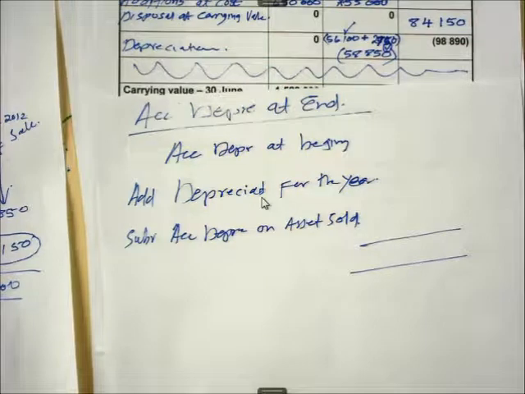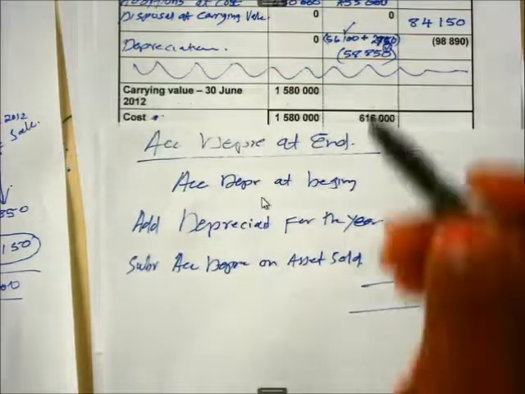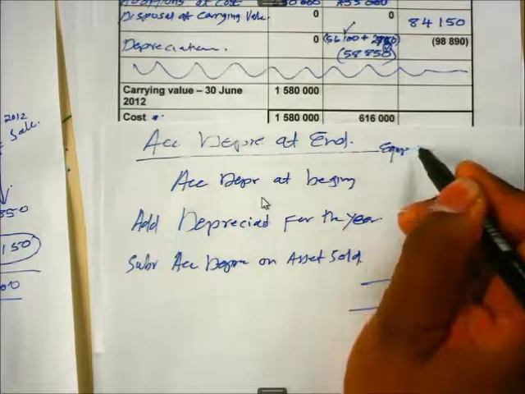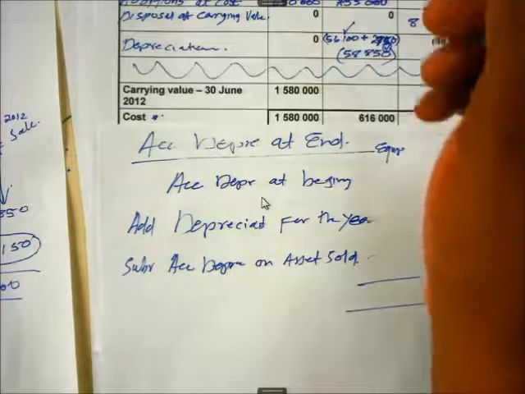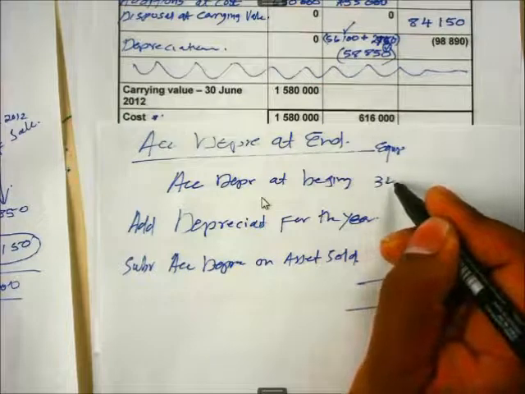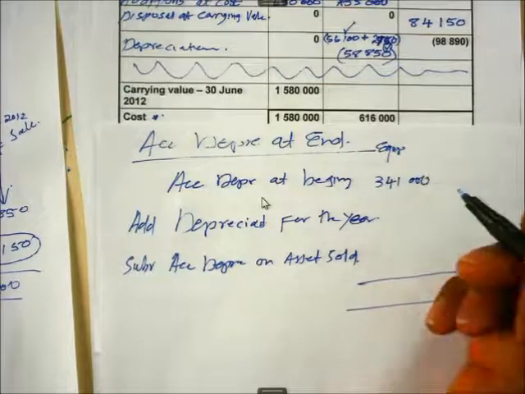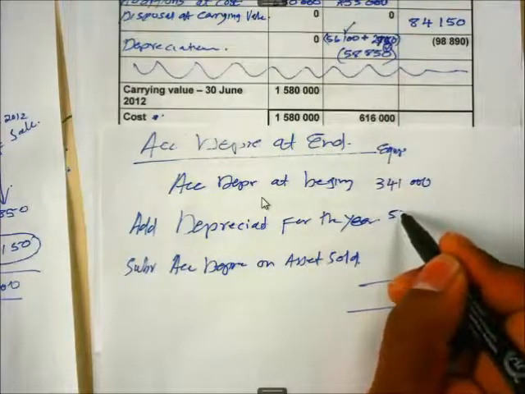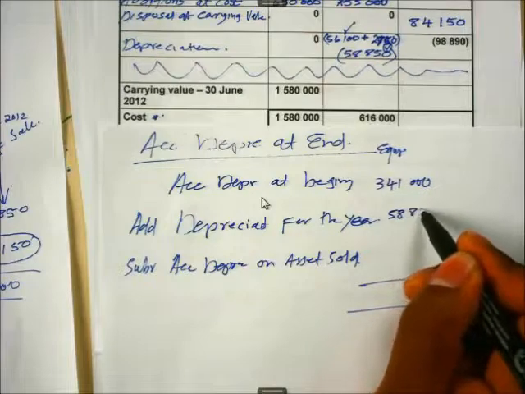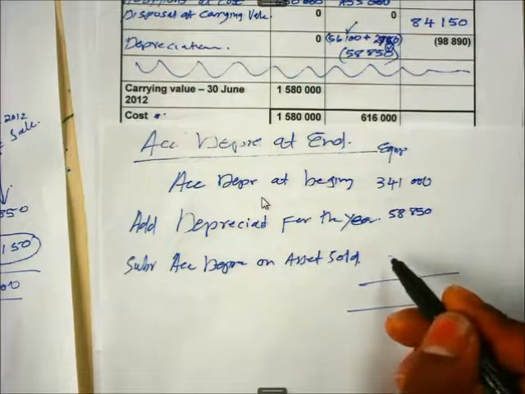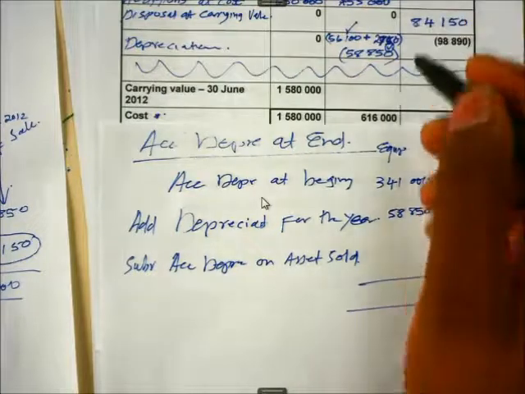Now, let's go to our equipment. What was the accumulated depreciation at the beginning of the year? 341,000. What was the depreciation for the year? 58,850. I said you add, and then you subtract accumulated depreciation on the asset that was sold.